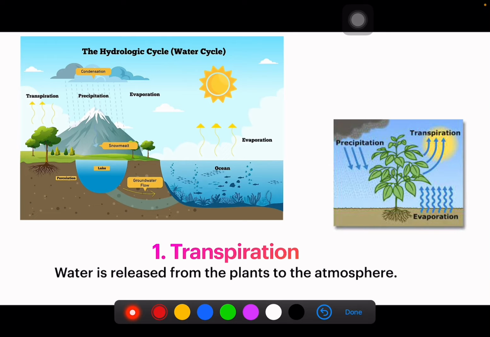So as you can see, this happens among the plants, wherein plants will release the water through the atmosphere, and this is called transpiration.